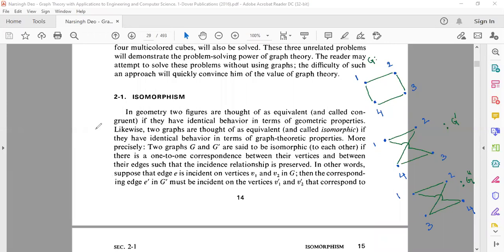That means if there are two vertices, 1 and 2, it doesn't matter whether you join them by a straight wire, or like this, or like that.